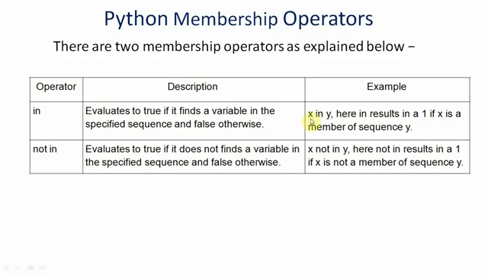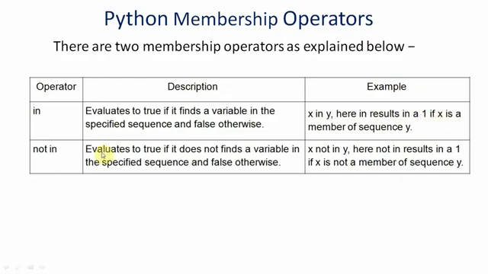For example, x in y. Here x is any value and y is a sequence of values. We are required to check whether x is present in y. It will give result 1 if x is a member of sequence y.